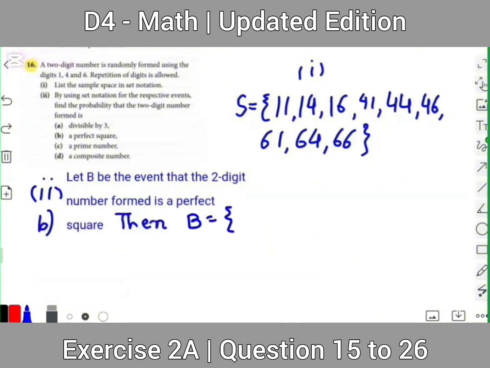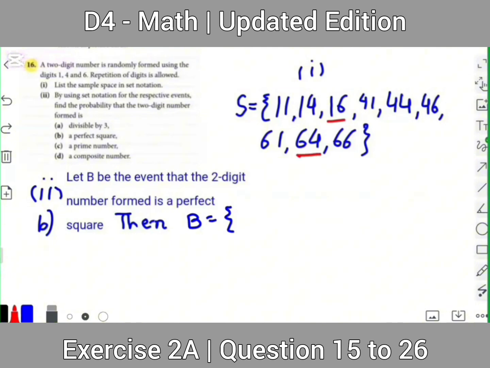Now in part B, we have to find the probability that the two-digit number formed is a perfect square. So let B be the event that the two-digit number formed is a perfect square. What is meant by a perfect square? A positive integer that is obtained by multiplying an integer by itself is a perfect square. So here 16 and 64 are the perfect squares.